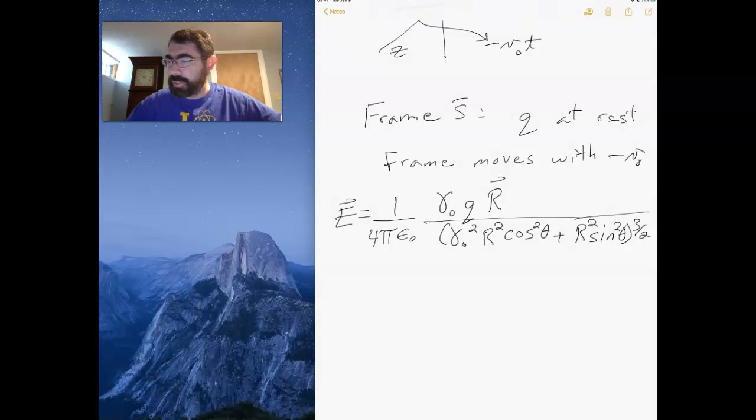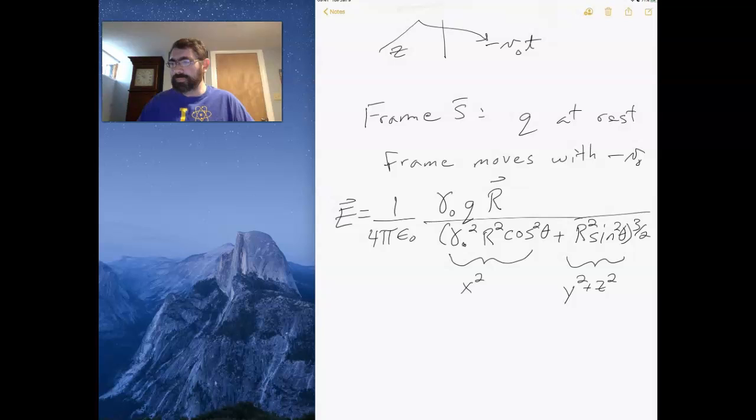This is the x component, and this is the y and z components right here. So I could actually write it that way.